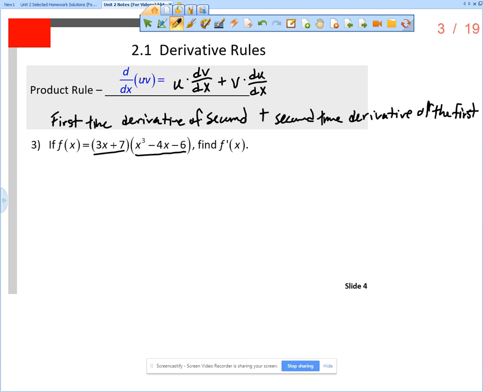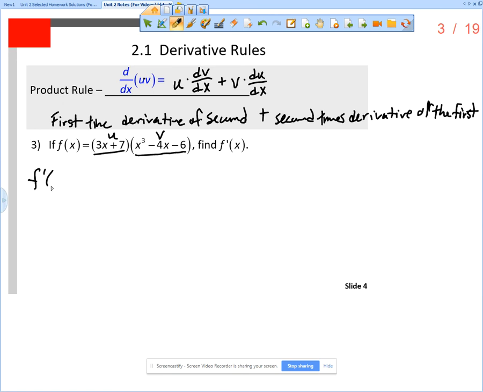All right, and so first times derivative of the second plus the second times the derivative of the first. So you might just want to say that to yourself. All right, but, okay, so 3x plus 7, that's acting as u, and x cubed minus 4x minus 6, that's acting as v. So f of x equals this, so find f prime.